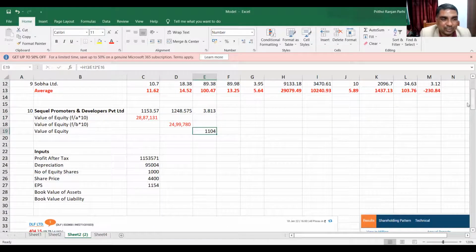Next, we can say price to book value. Share price is available, so we need to know the book value. Book value means book value of assets and book value of liabilities, and both data were available in that valuation report. Should I show you that? Let me once again show you.